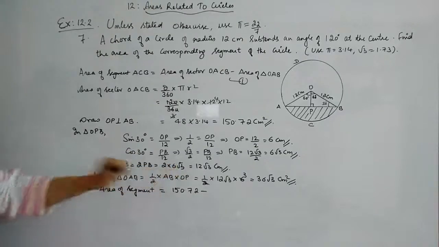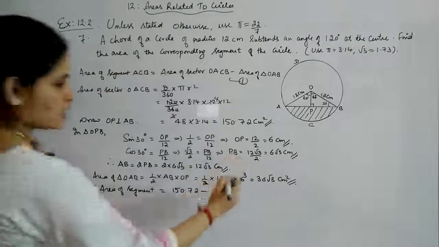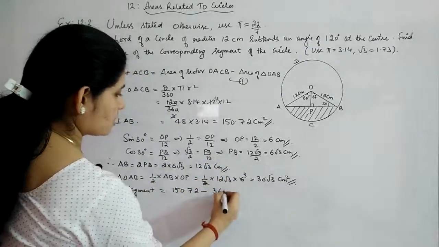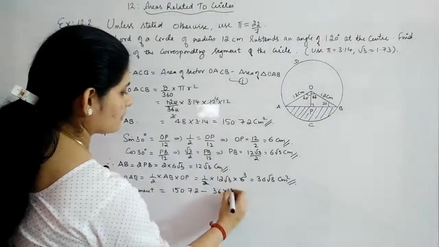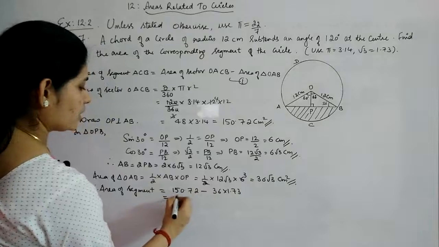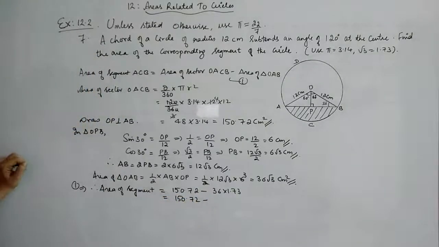You can replace the value of root 3 as 1.73, which is given in the question. So 36 root 3 is 36 into 1.73. So 150.72 minus 36 into 1.73 will give you 62.28.